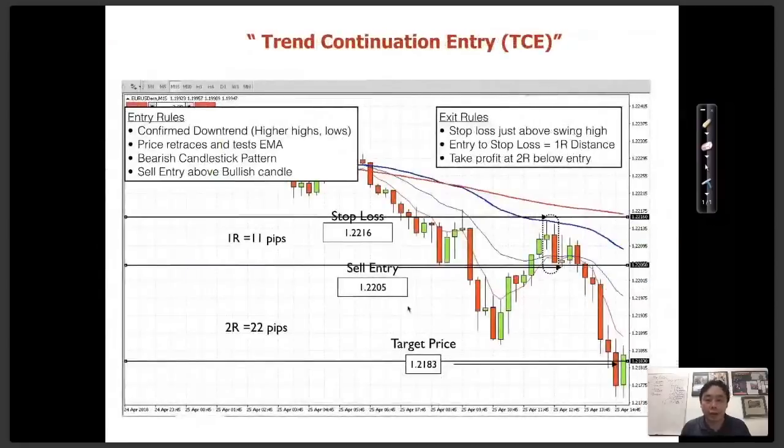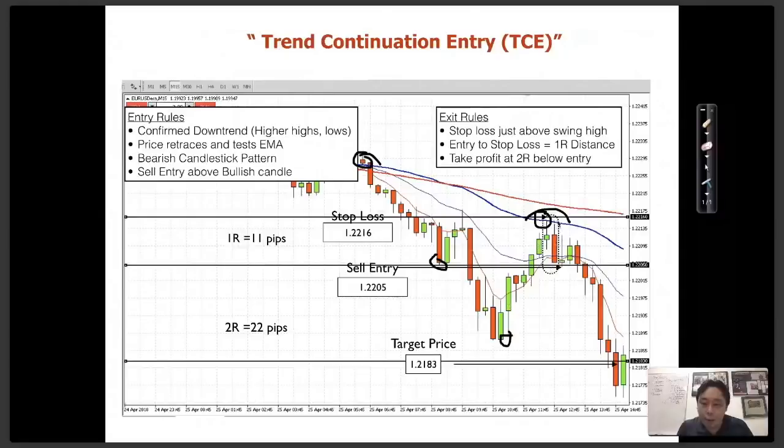Okay, this is a short example, right? Going short. So again, going short, you can see it's bouncing off the 50 moving average. It was tested somewhere here. That's my bearish engulfing pattern. Okay, and again, price is making lower highs and lower lows. You want to see lower highs and lower lows.